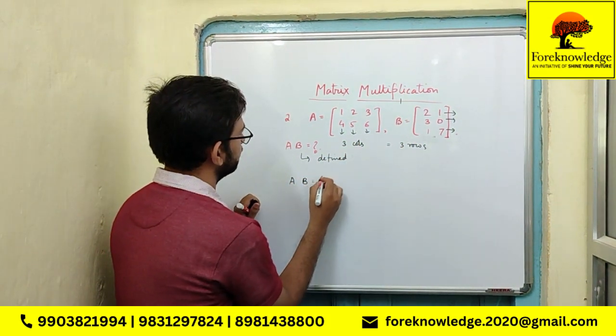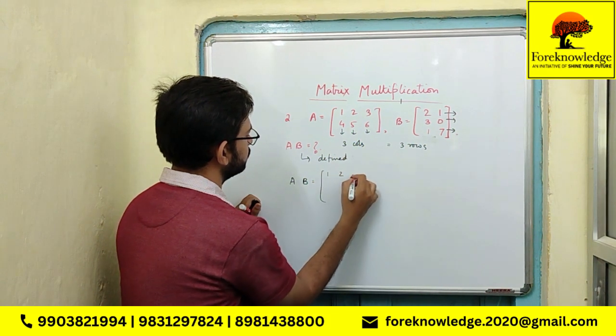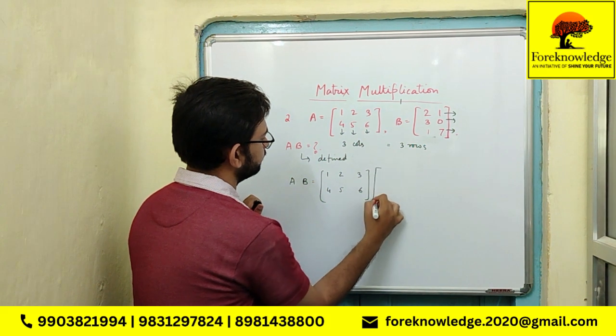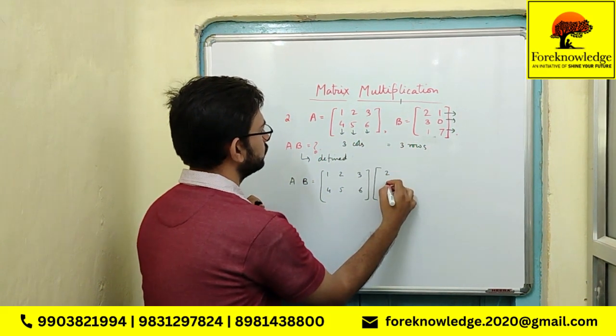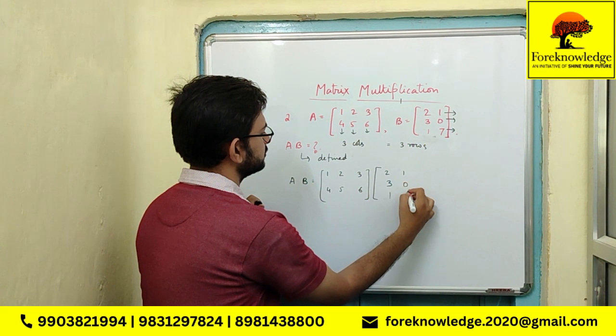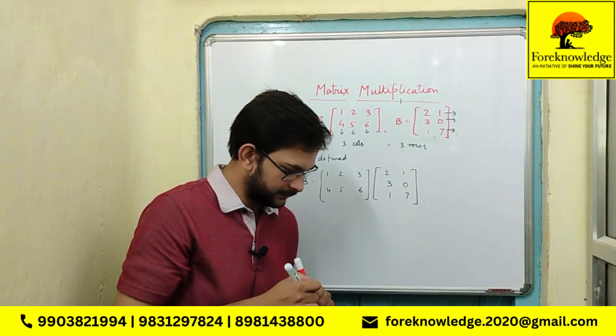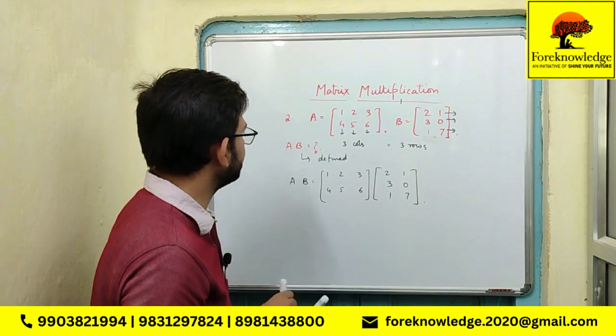Fine. So now let's move on to the multiplication. A into B, that means 1, 2, 3, 4, 5, 6 into 2, 3, 1, 1, 0, 7. Now there is one more thing.